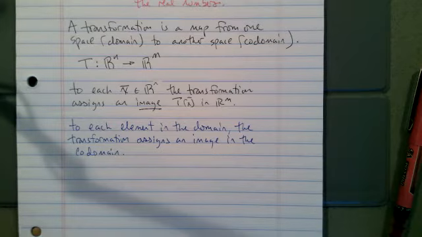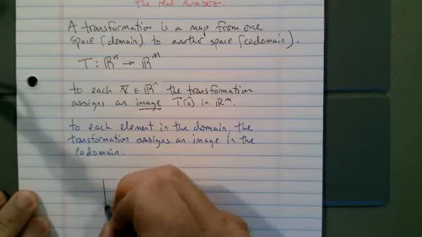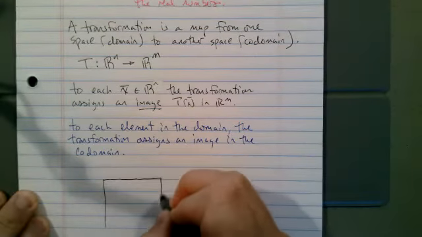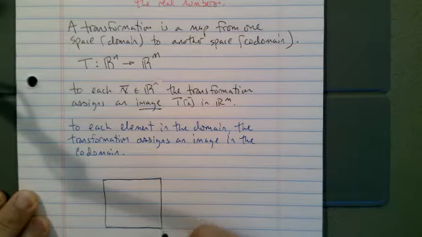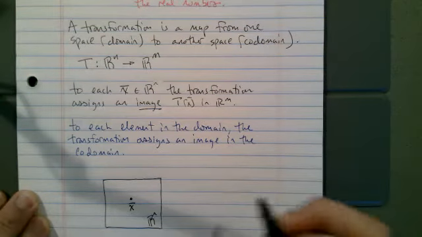The way we visualize this, since we start off looking at transformations on Rn and Rm, real spaces, we usually just describe the domain as a big rectangle. Here's our domain, which is Rn, and here's an element x in Rn.